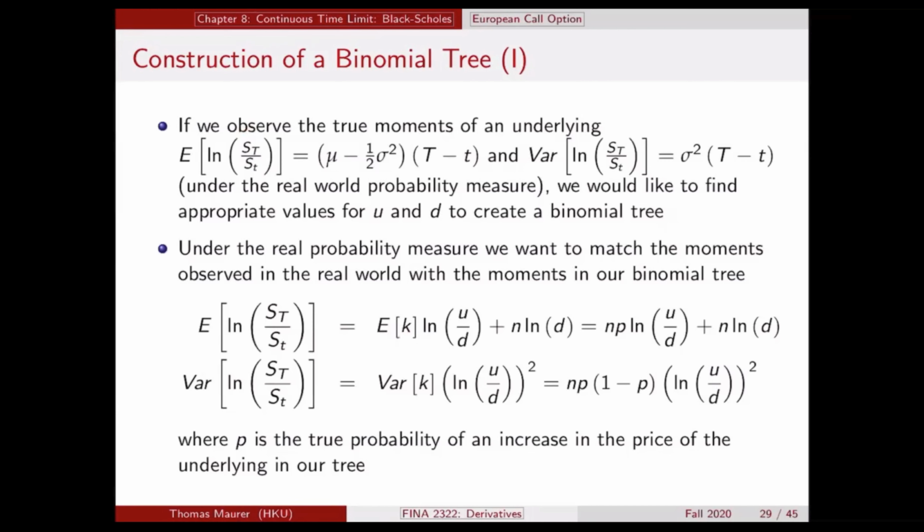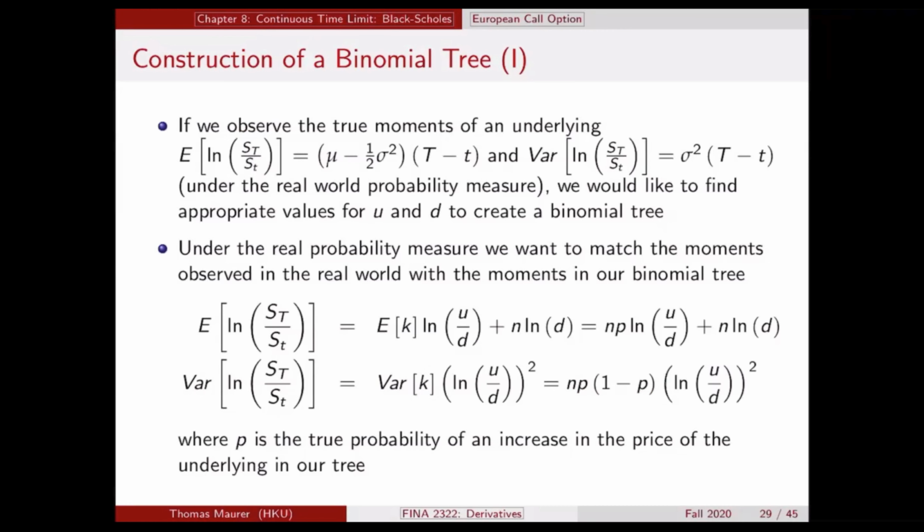Similarly, I can do the same thing for the variance of my log returns, which I have from the data. I can set that equal to the variance in my tree of these log returns. And for that, I need to figure out the variance of how many up movements I have in the tree. Again, if I assume P is the probability of an up movement and 1 minus P the probability of a down movement, then the variance of how many up movements I have can be written in this form over here.